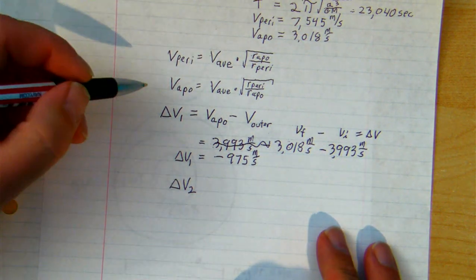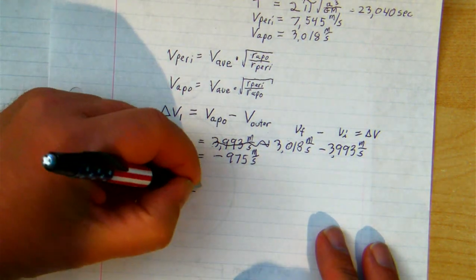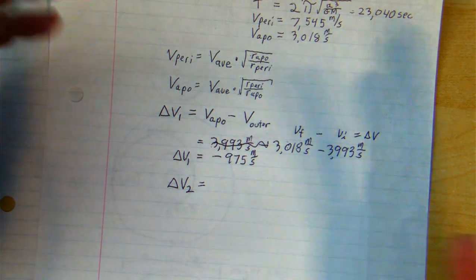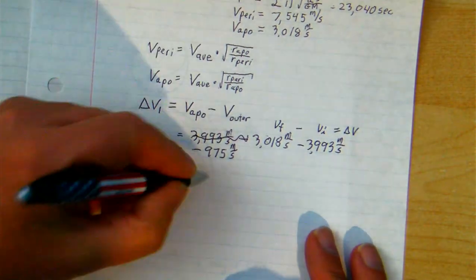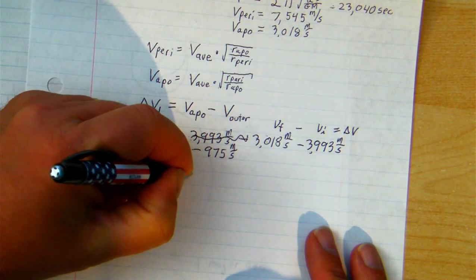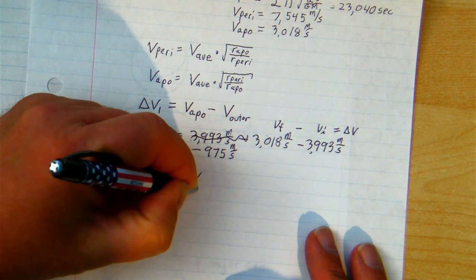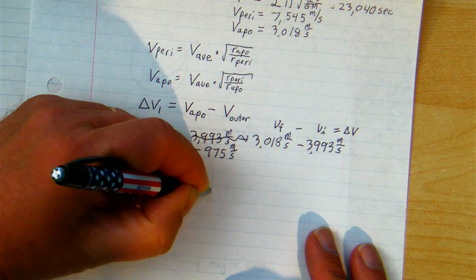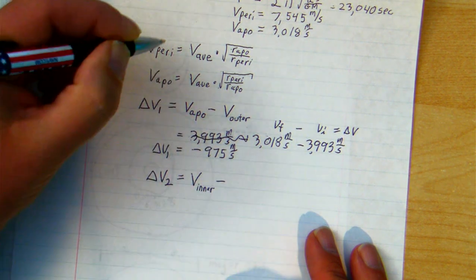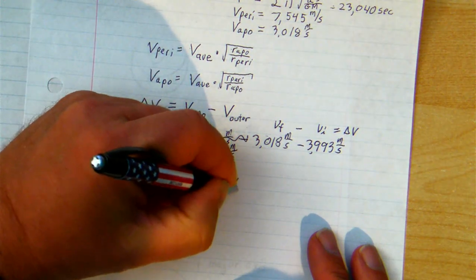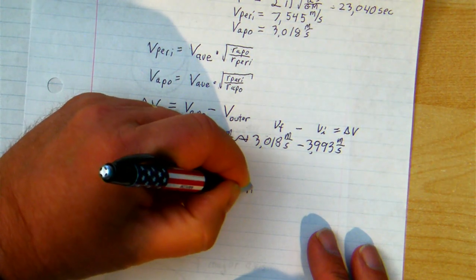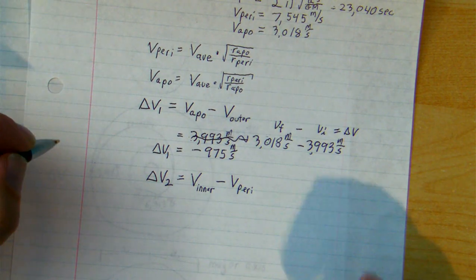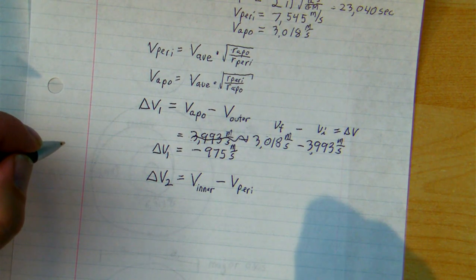change in state is defined as your final state minus your initial state. So here, our final state is the velocity of the inner circular orbit, and our initial state is the periapsis velocity at the near point of that elliptical orbit.